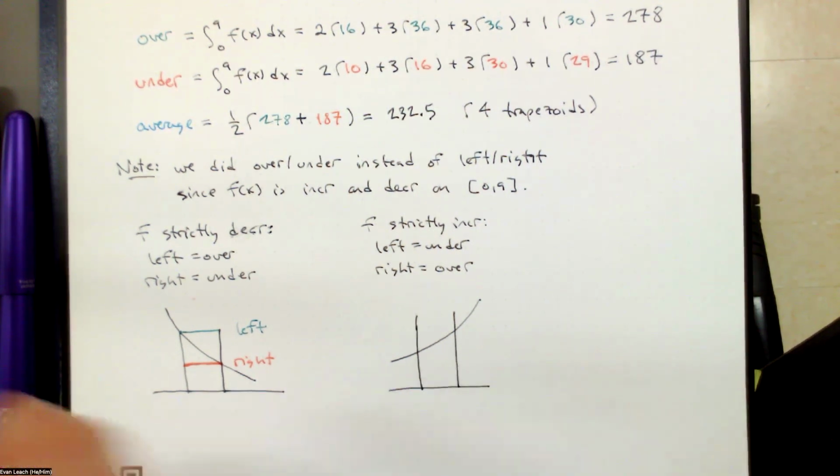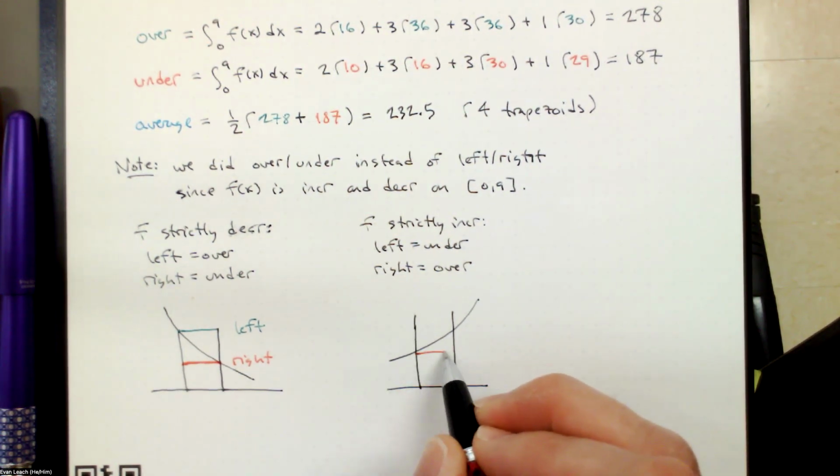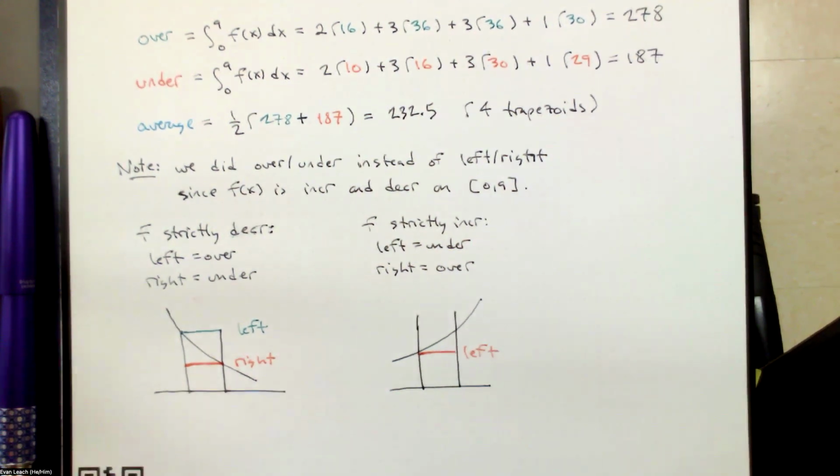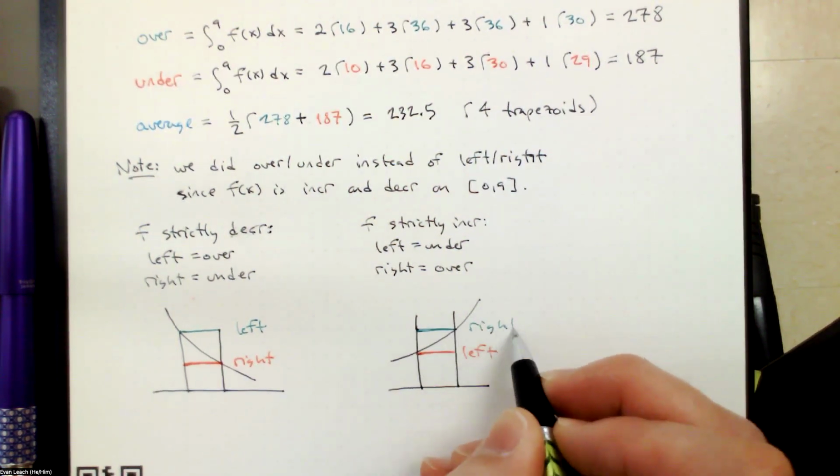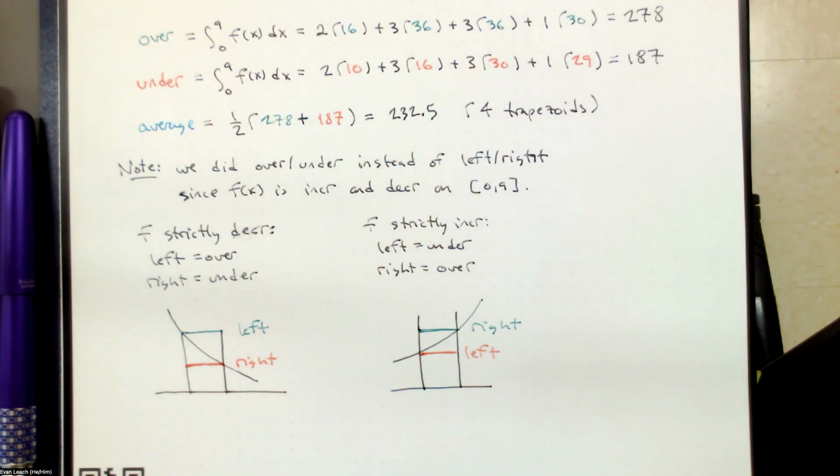So if I go from the left here, the left will be an underestimate and the right will be an overestimate. But when we find the average of the left and right, we're always making trapezoids.